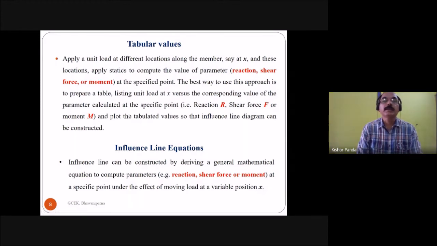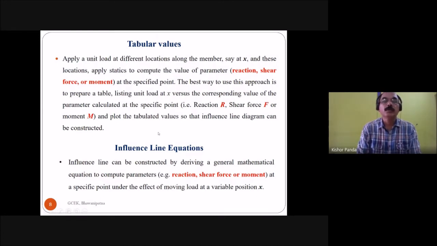So here you have to take, on the x-axis, the position of the load, and on the y-axis you have to find out the parameter at the specified point, that is reaction, shear force or moment, in a tabular form. Then you have to draw the curve by taking these tabular values so that you will get the influence line diagram.